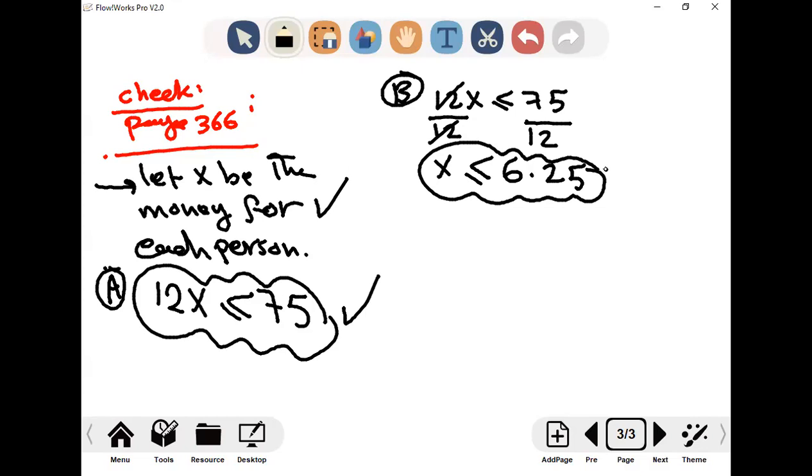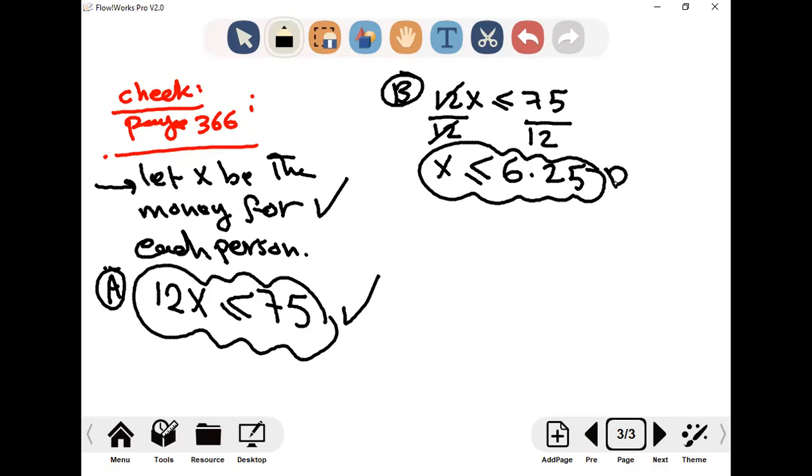Got it? So which one? This one, D. The correct one is D. In part C, what we need to do is interpret the solution, which means to talk about the solution, what you understand from the solution. They said Dominic can spend 6.25 or less.